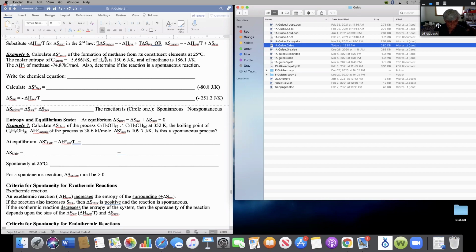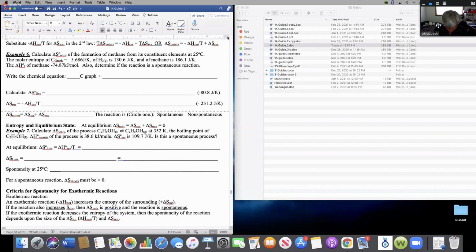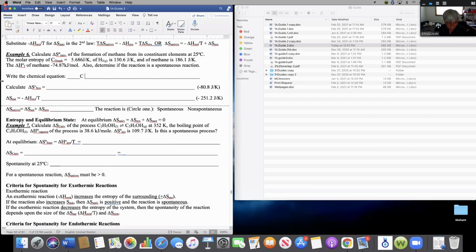So we're talking about the formation of methane. Forming methane, we wrote down the equation here: C graphite plus 2H2. Let's do it over here.